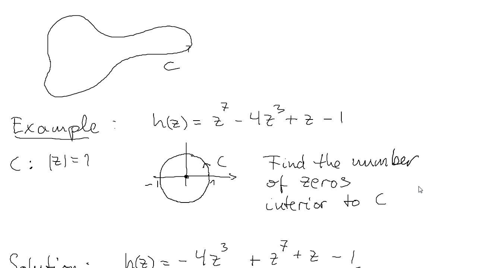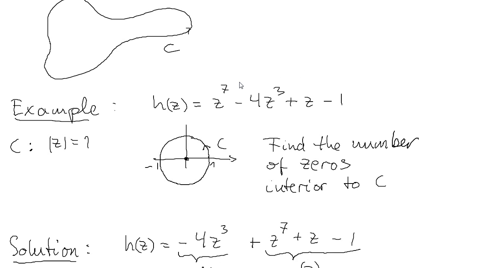So we want to find the number of zeros interior to C. This is not so easy to do without computers because you have a polynomial of degree 7, so there is no general formula for finding the zeros. But we are not interested in the zeros. We are interested in how many zeros are inside this circle.